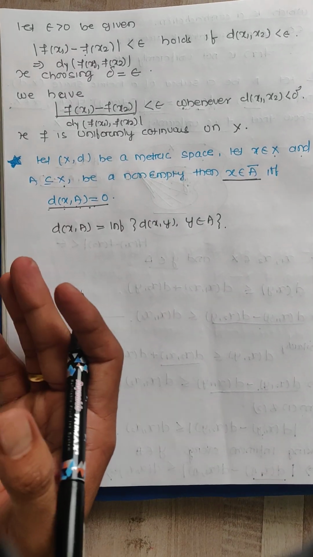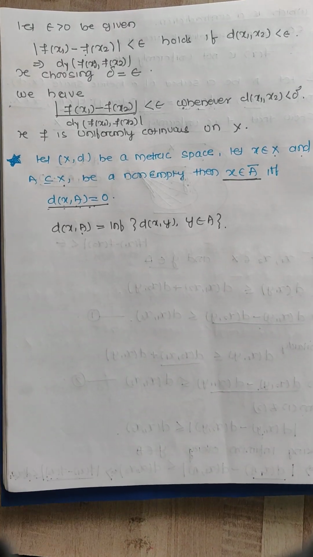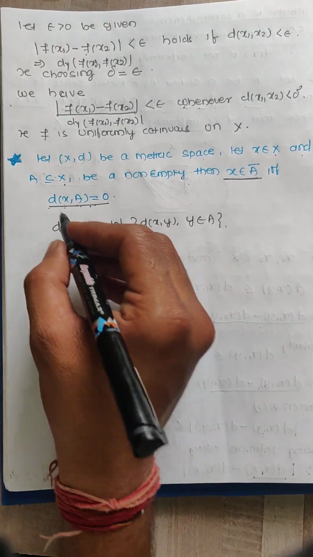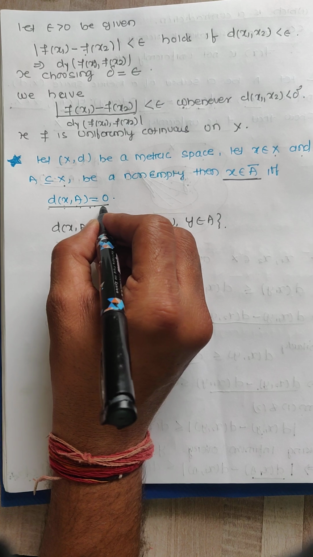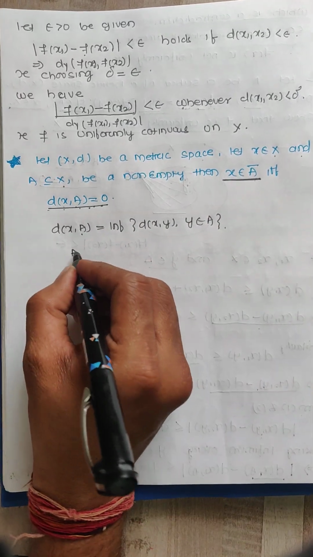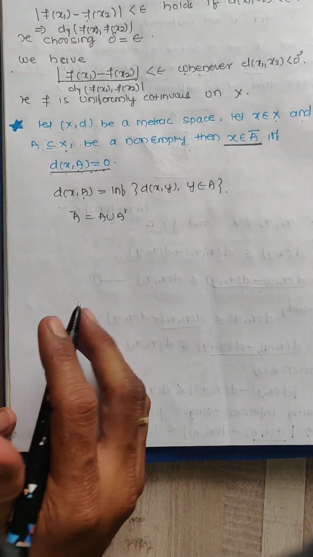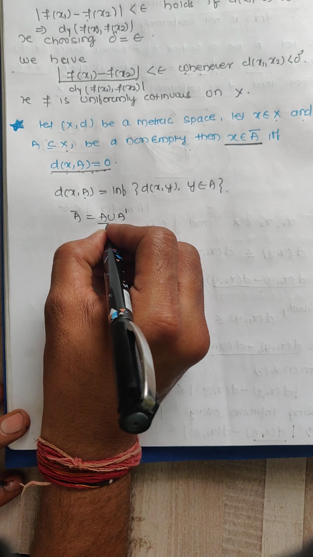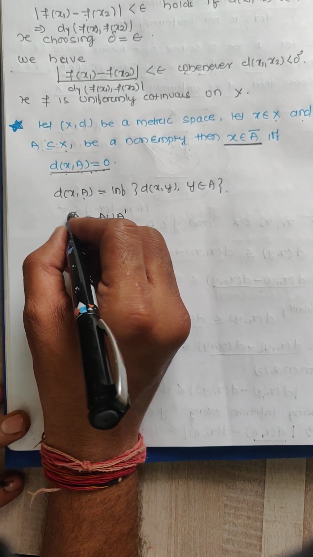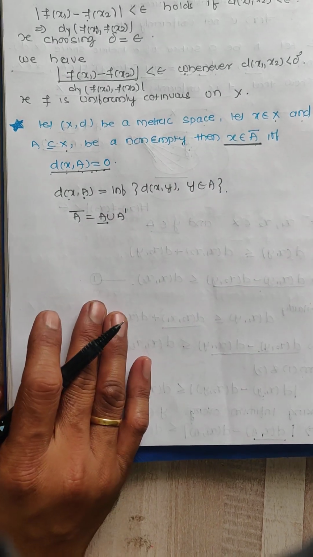So we have already seen that if x is in A, then the distance between x and A is 0. Now, what do you mean by the distance between x and A being 0 if x belongs to the closure of A? The closure of A is nothing but A union A'. That means if x is a limit point of A, then the distance between x and A is also 0.